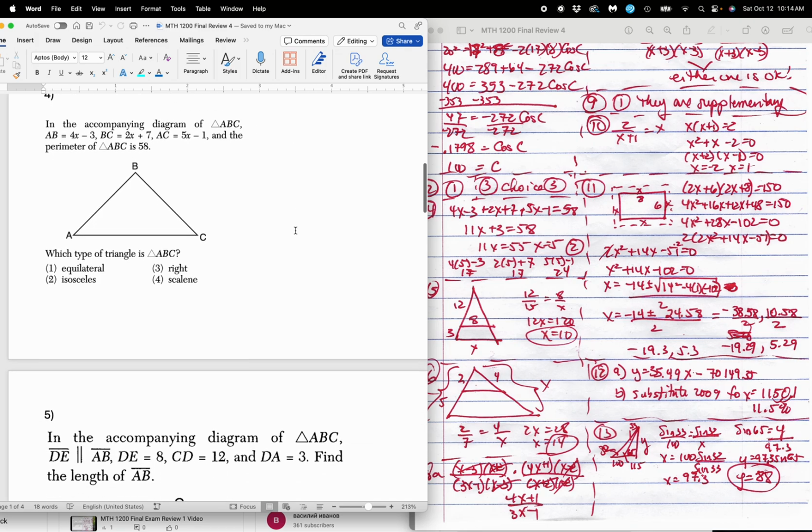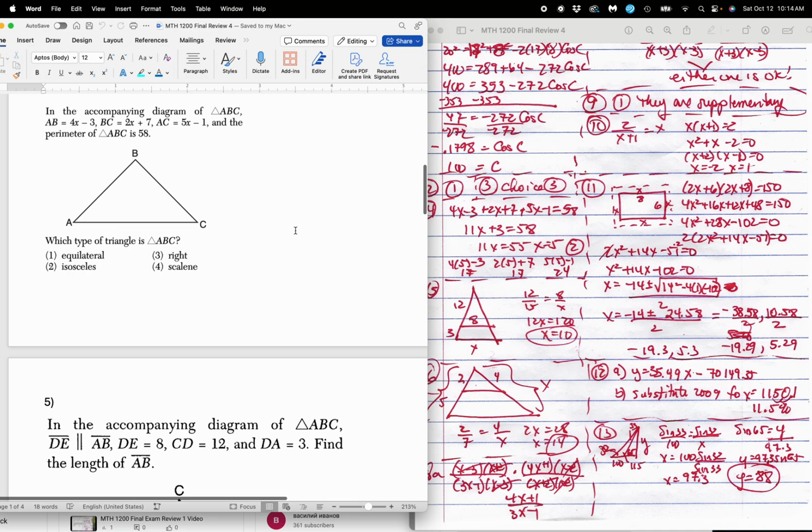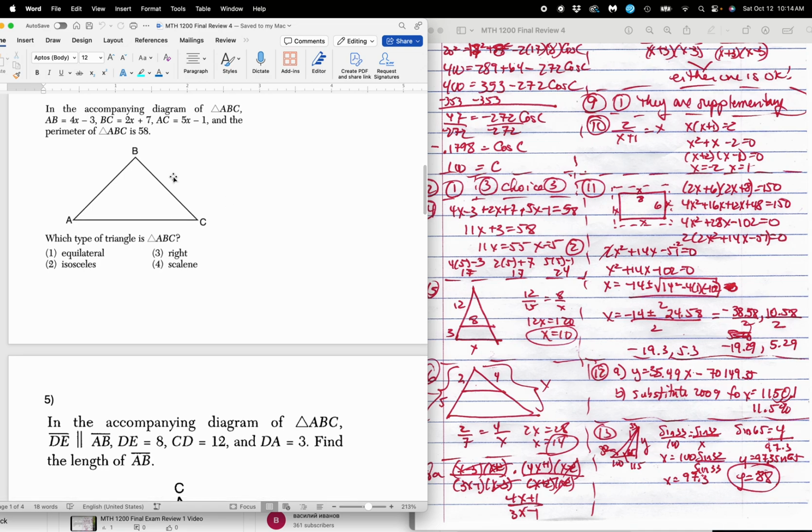We're down to number 4 now, where we have a diagram of triangle ABC, and it says that AB is 4x minus 3, BC is 2x plus 7, AC is 5x minus 1, and the perimeter is 58. So if you add up all of those sides, you get 58.